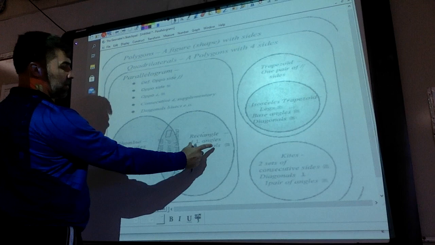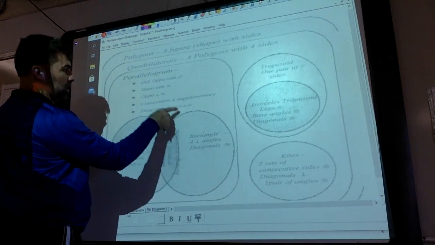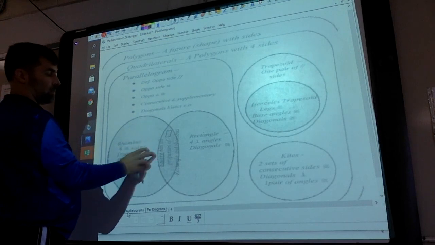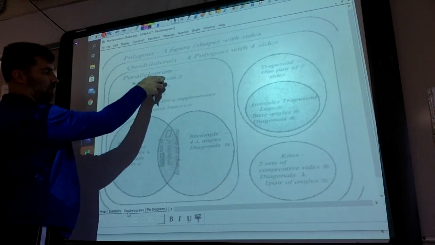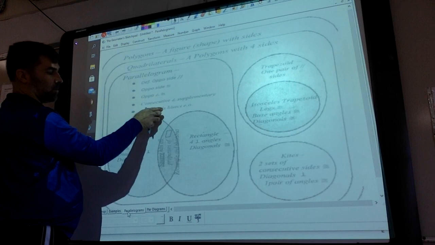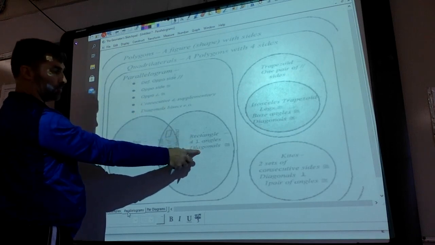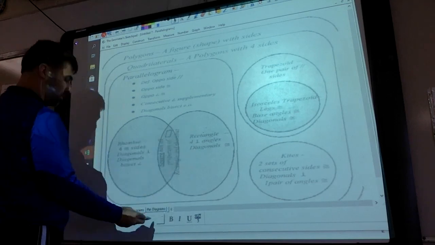Okay, for a rectangle, you have 4 right angles. Now, on top of these 5 properties that all parallelograms have, so we're going to include all 5 of these properties, as well as 4 right angles and diagonals are congruent. So we got 7 things we're going to do here.